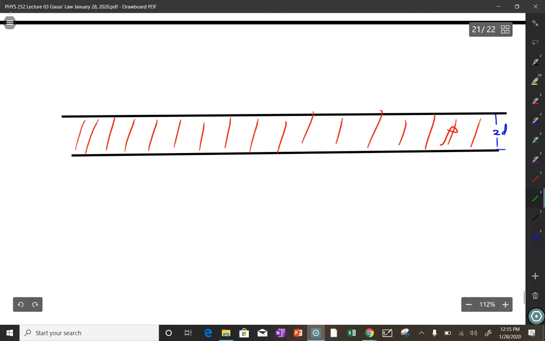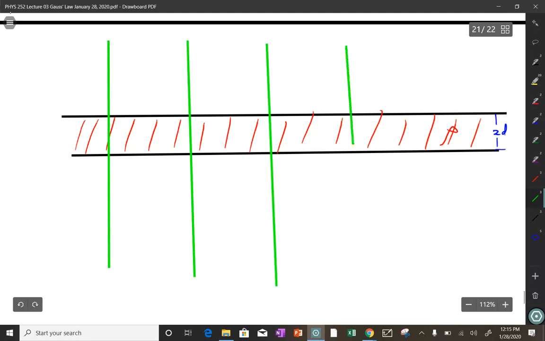Out, which means vertical. So the electric field lines must be going like this. And if it's a positive charge density, what direction are they pointing? In or out? Out. Okay, so the electric fields are pointing like this.